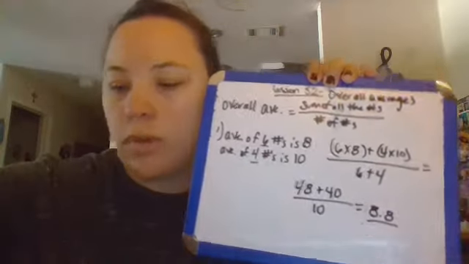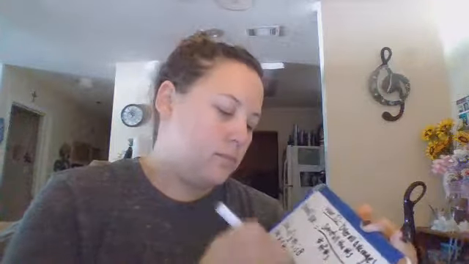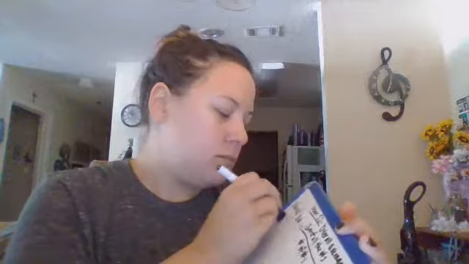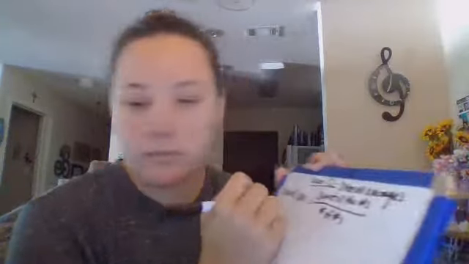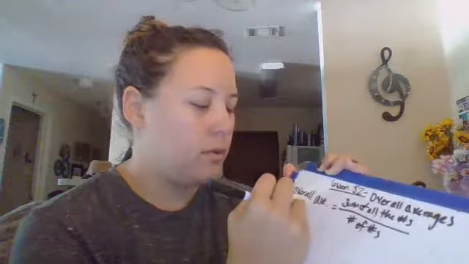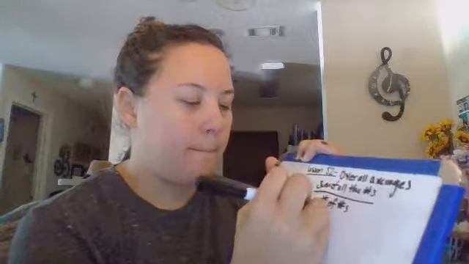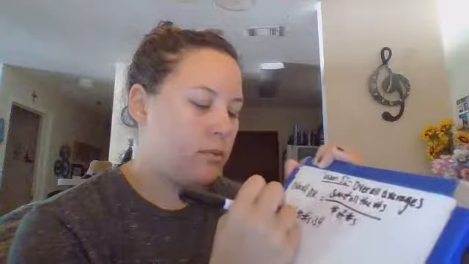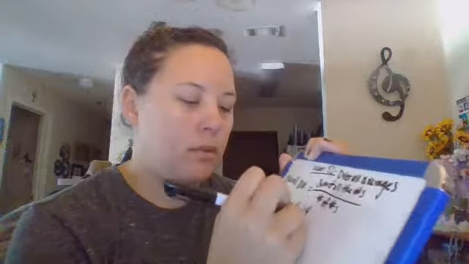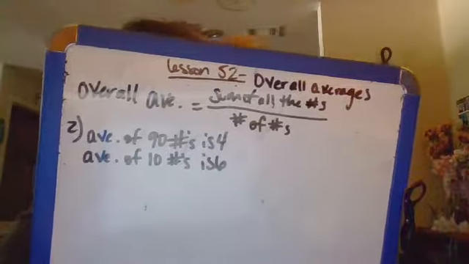And we'll do one more. All right, so we have the average of 90 numbers is 4, and the average of 10 numbers is 6.